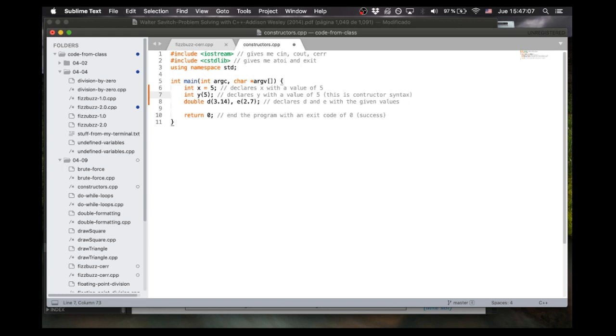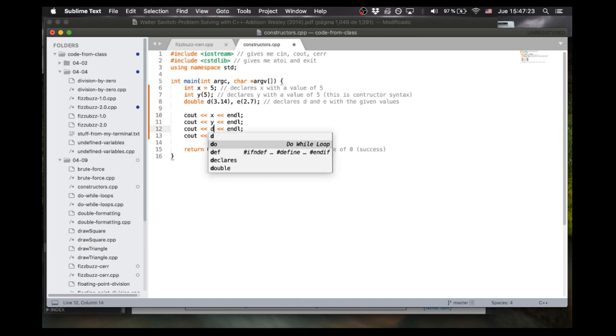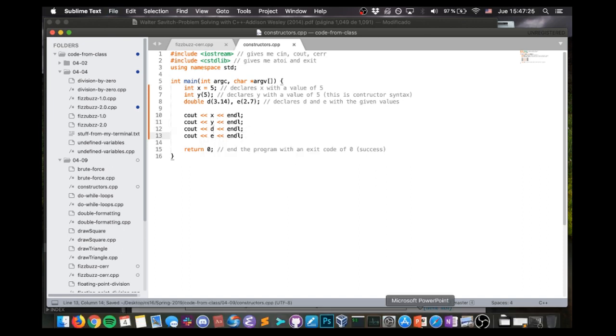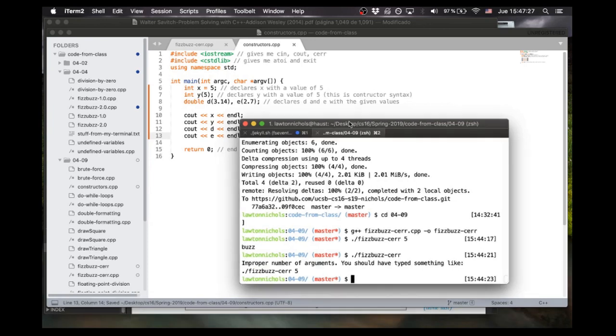That's the best phrase. Okay. And of course, these are all doing the same thing. Let's see out x, it's 5, y, d, and e. And they'll have all the values that I gave to them. It's just another way of initializing a variable.